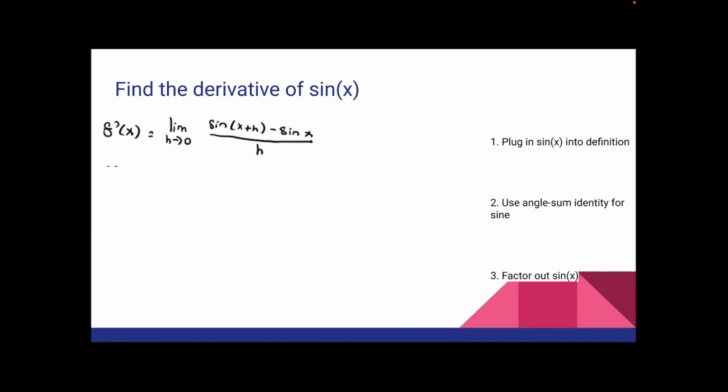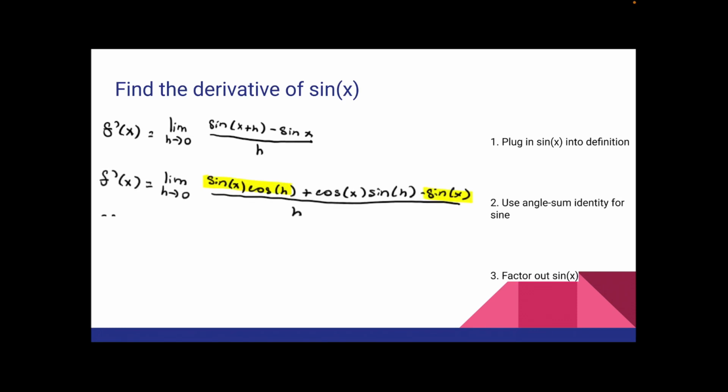So what you could do is use the angle sum identity. So you end up with sine of x times cosine of h plus cosine of x times sine of h minus sine of x all over h. So notice now that 2 out of the 3 terms contain sine of x.